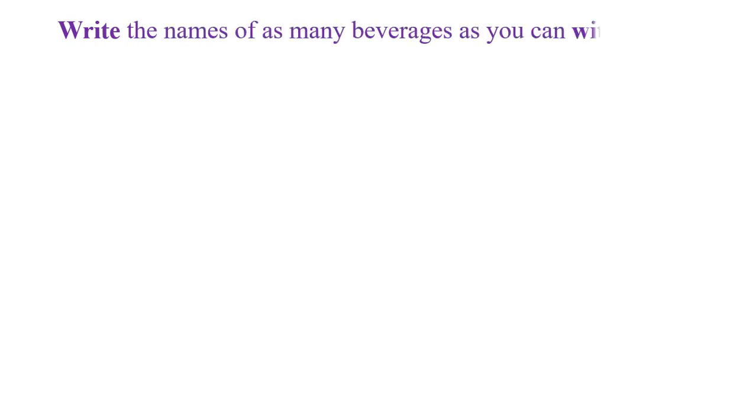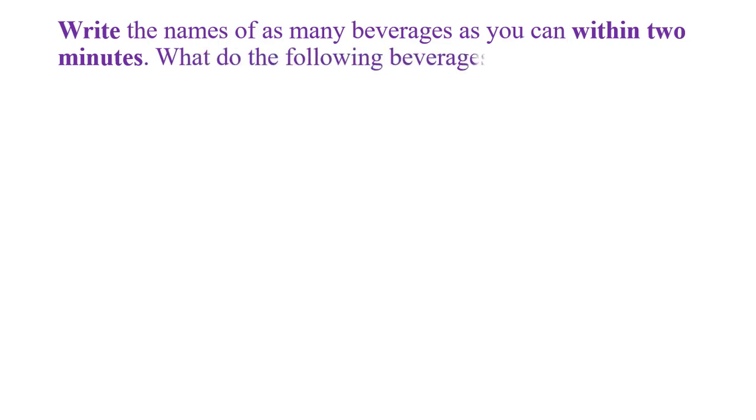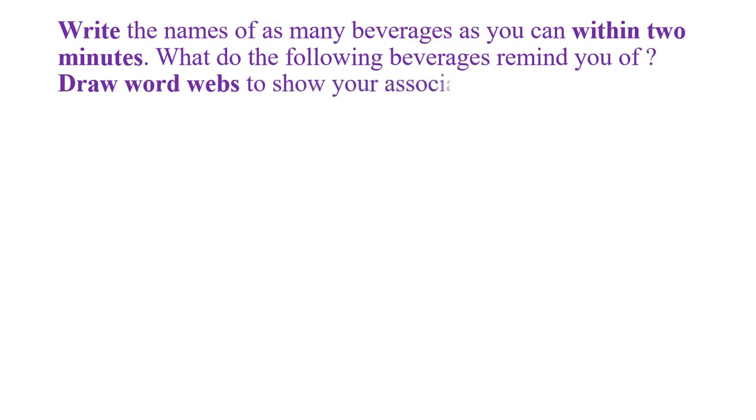Our next question is, write the names of as many beverages as you can within 2 minutes. What do the following beverages remind you of? Draw word webs to show your associations. The first one is given here, tea.